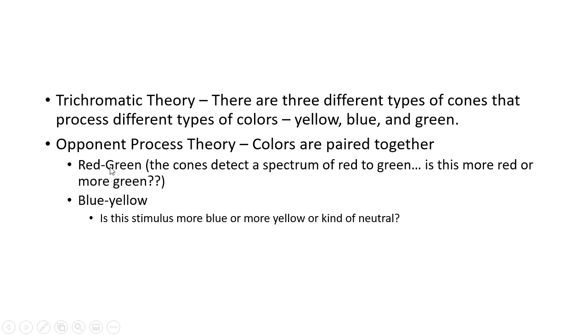So, for example, this cone, based on what the light wavelength looks like, it may say, this is more red, or this is more green, or it's something in the middle. Same with blue, it's either blue or it's yellow or it's something in the middle. So there's cones that are responsible for detecting both, and based on the light, it activates the yellow or the blue.